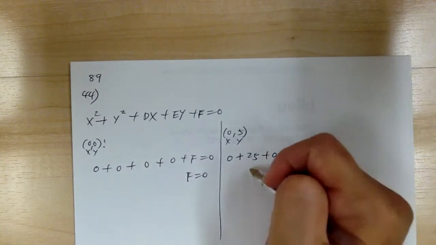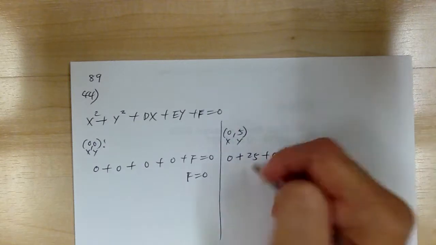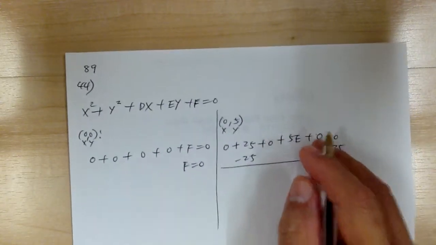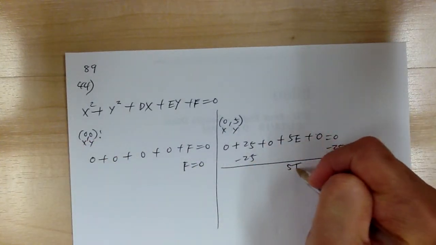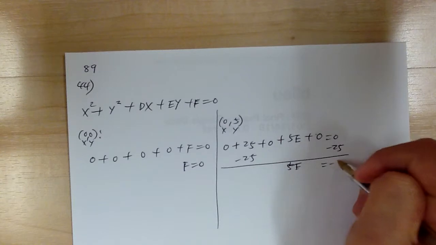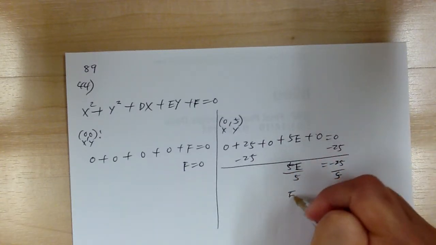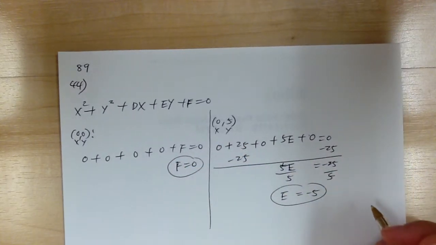Okay, so from here you can solve. Minus 25, minus 25. Now, not all problems are this easy. Usually it's not that easy, but because of (0, 0), they really simplify things. So you got 5e equal to negative 25, divided by 5, divided by 5. So e equal to negative 5. So I'm going to circle that so I can find the information.